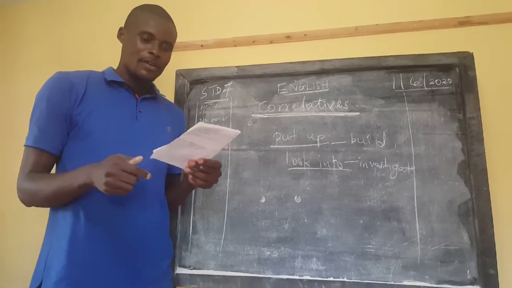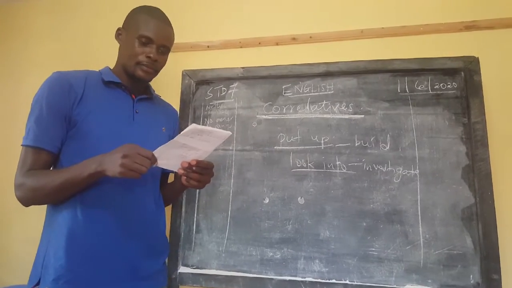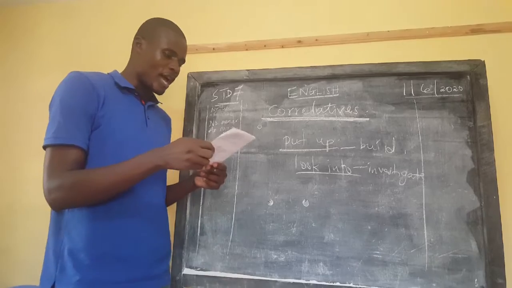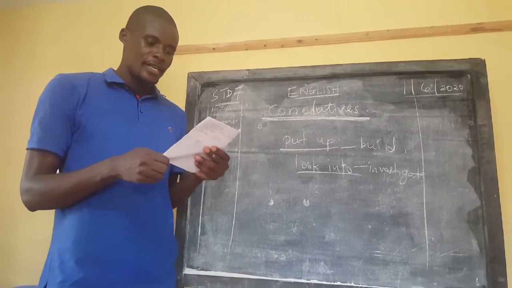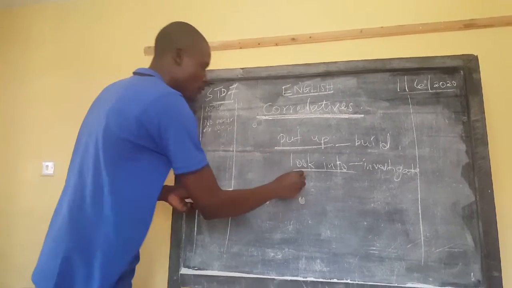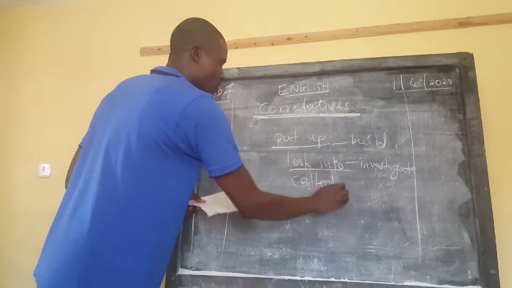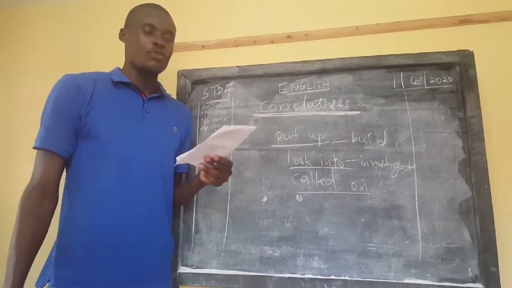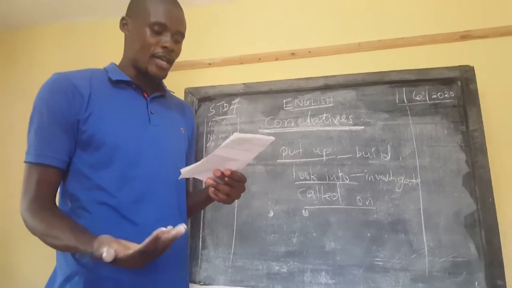We have another one, that is to call on. I called on my aunt yesterday in the evening, and we mentioned this in our last lesson. Learner, what is to call on? We've been given A, B, C, D here.